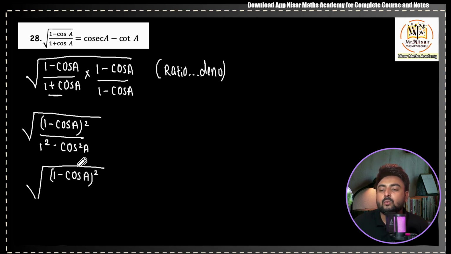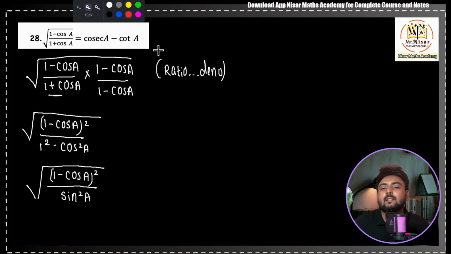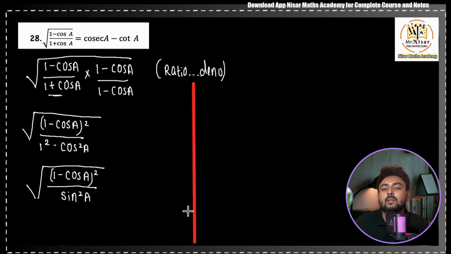Can I say that 1 square minus cos square a, what does it become? 1 minus cos square a becomes sin square a. Now square and square root again will get cancelled. So I have 1 minus cos a remaining in the numerator, and in the denominator I am left with sin a.